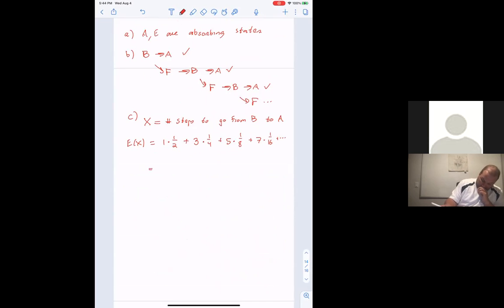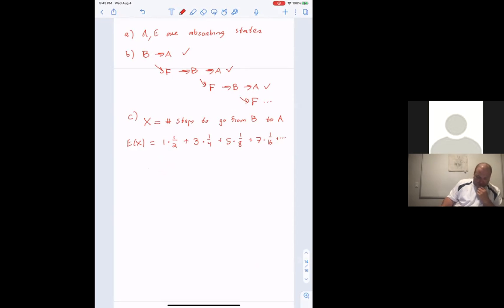I have 1/2 plus, let's see. Actually, there's a nice trick of doing this, which is a little more sophisticated. So this way is a little complicated.